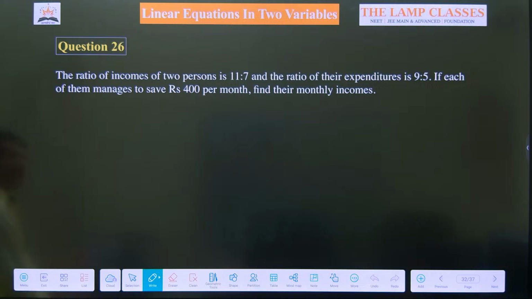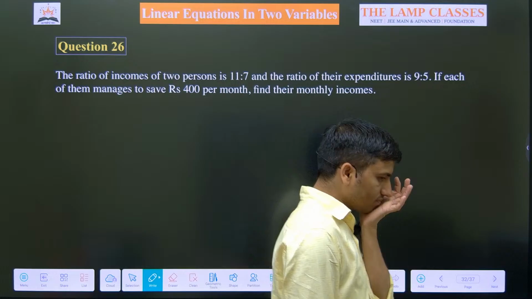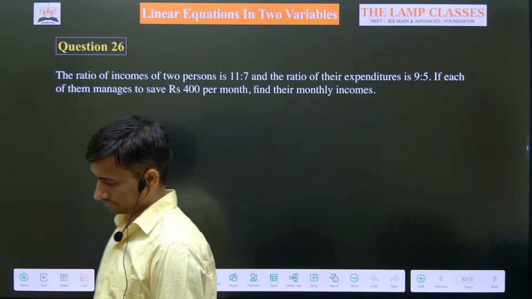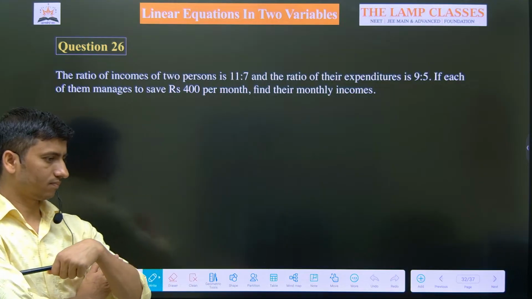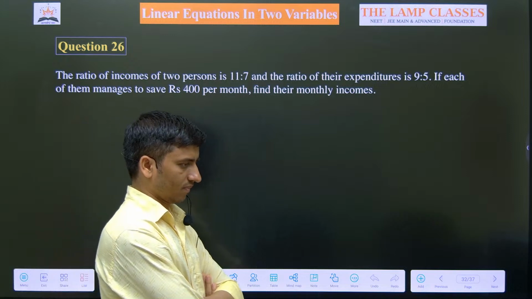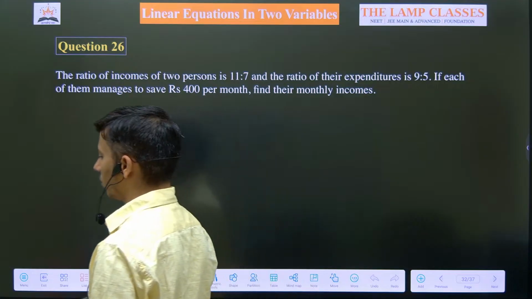Next word problem: the ratio of incomes of two persons is 11:7 and the ratio of their expenditure is 9:5. If each of them manages to save Rs 400 per month, find their monthly income. I hope we have understood the question.